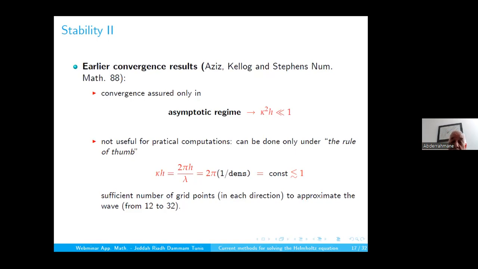But in order to deal with the pollution error, in this paper it is shown that you have to get much more.